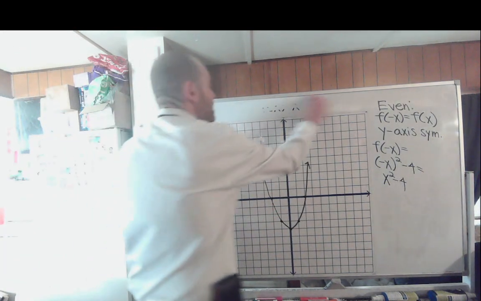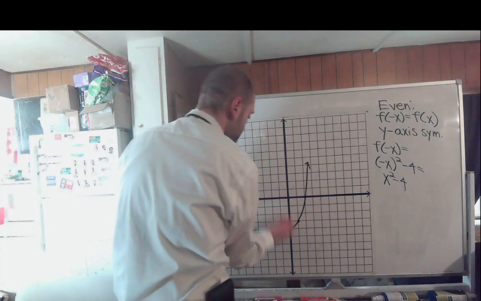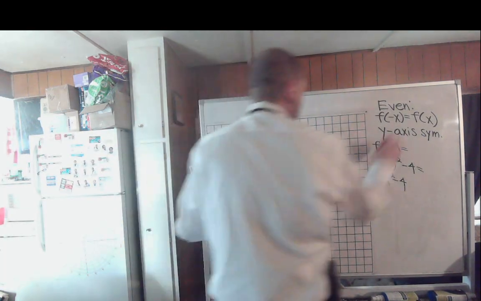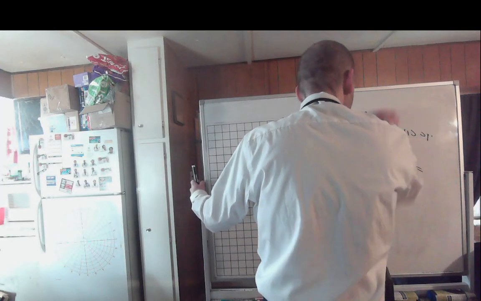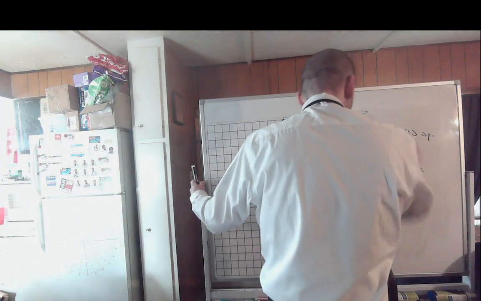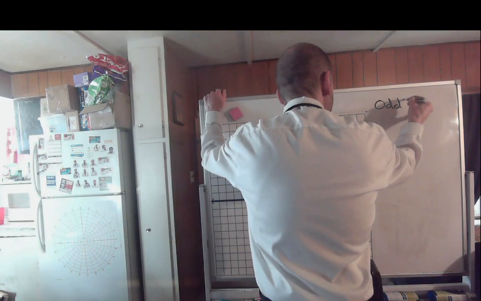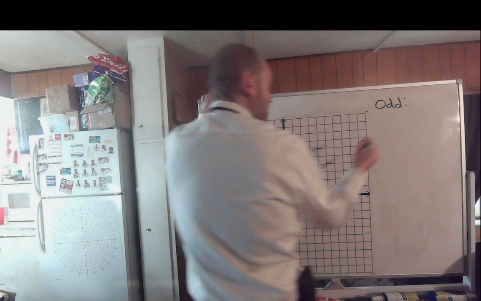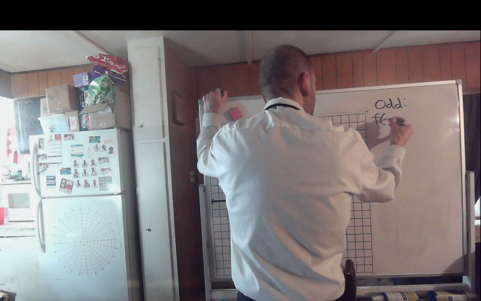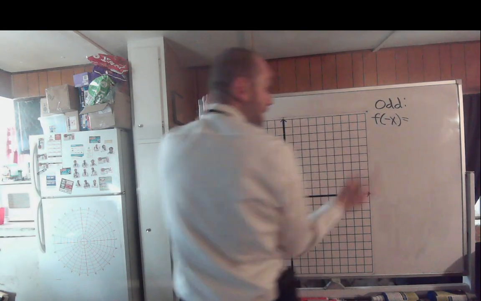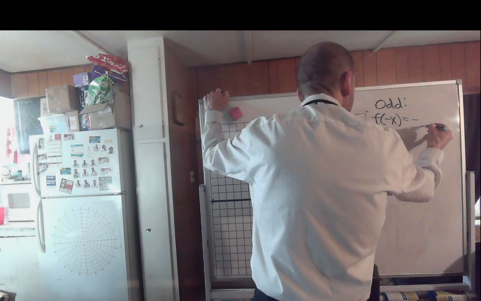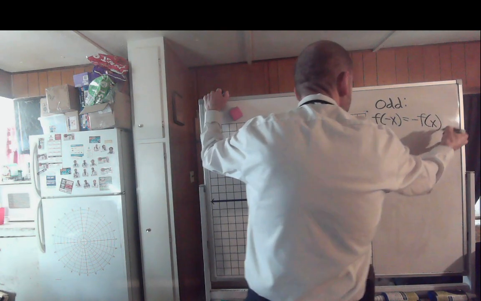Now let's talk about when you have odd functions. So it's a little bit different with odd. If a function's to be odd, algebraically what happens is if you take f of negative x, you'll end up getting negative of f of x.